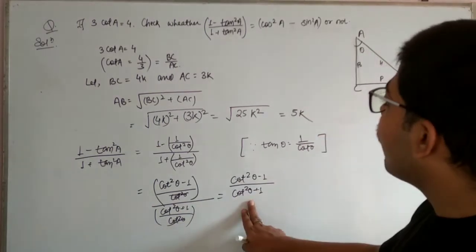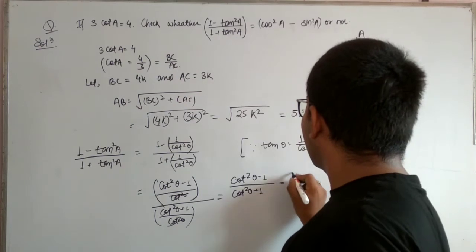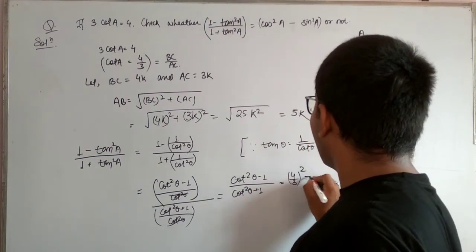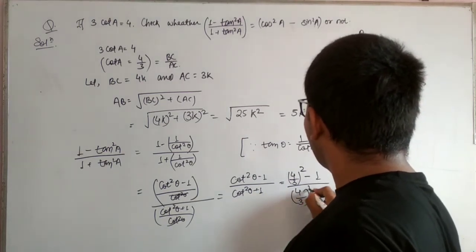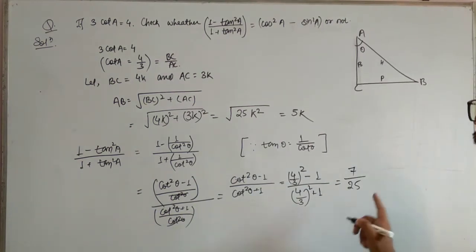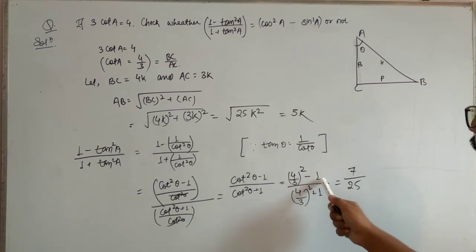We put the value of cot square theta as 4 by 3 whole square: 4 by 3 whole square minus 1 upon 4 by 3 whole square plus 1. After solving this, we get 7 upon 25. How do we get 7 upon 25? We just take the LCM.